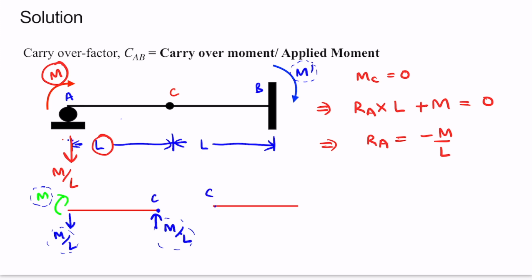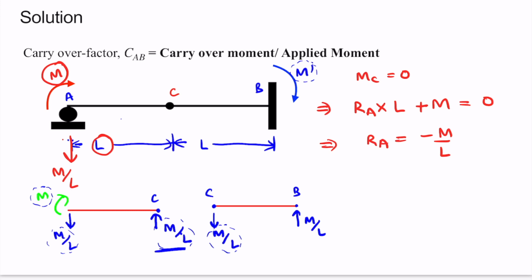Now we will draw the free body diagram for part BC. Here it is in upward direction M by L, therefore for this point C it will be downward M by L. Now at point B, since this load M by L is in downward direction, it will be in upward direction to satisfy the vertical equilibrium.